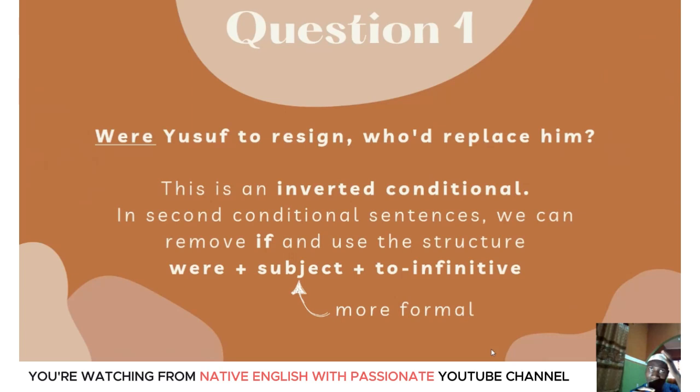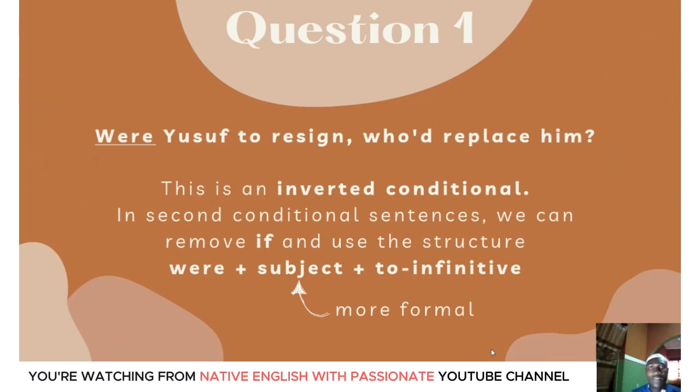And you now say, I will give you a gift. So that auxiliary verb will is what differentiates the first conditional from the second conditional. In the first conditional, you make use of will in the present tense.